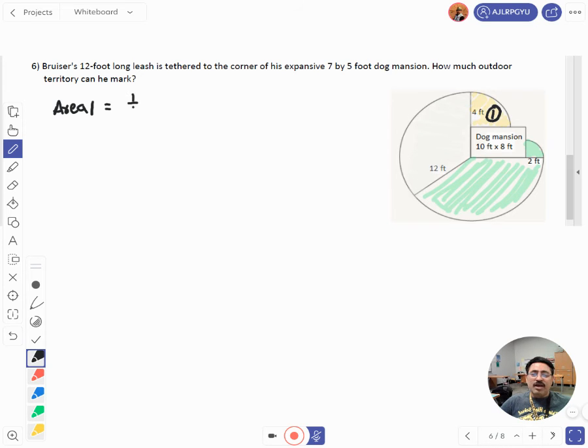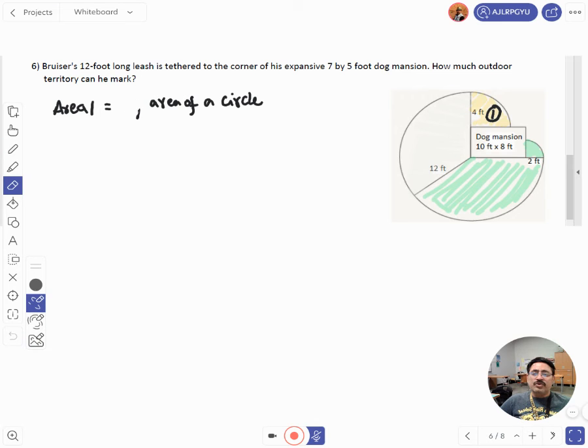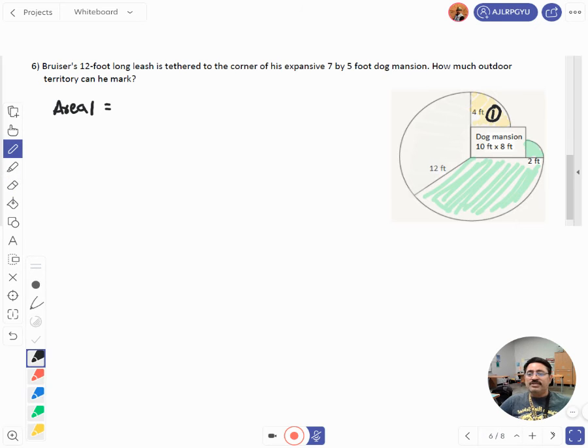Either you can take 1/4 area of a circle, or you know that the L shape is exactly 90 degrees, so you can take 90 over 360. Either of these two is fine. Let me take that 90 over 360, because the central angle of the L shape is 90 degrees.